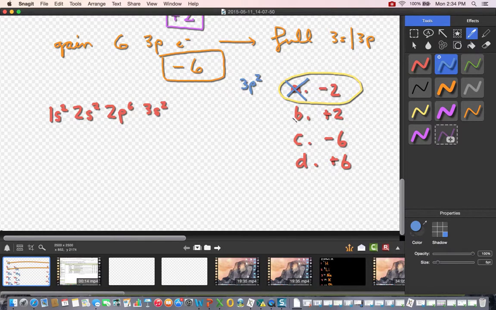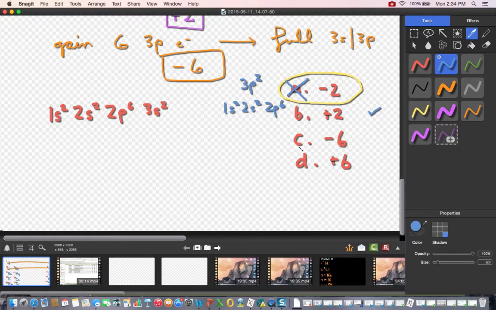Remember, the protons stay associated with the atom. If we change the number of protons, we change the atom. So the only way we get plus and minus charges is by removing or adding electrons. If the charge is negative, we've obviously added electrons. If the charge is positive, then obviously we've removed electrons. If I remove 2 electrons, now I have 1s2, 2s2, 2p6. That is an octet. We should keep answer B.